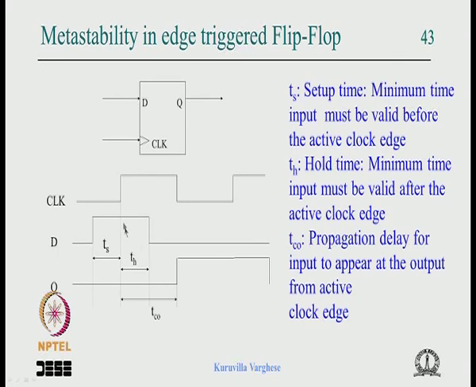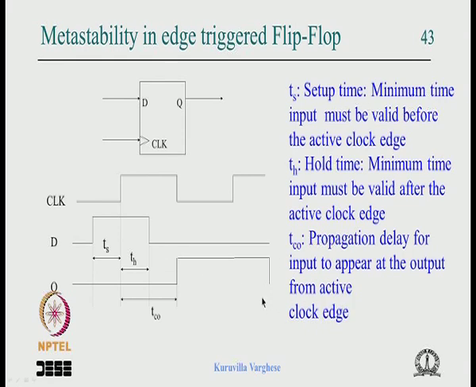When it goes to positive, the inverter delay has to be met, because only then will it be really cut off. And when the slave is enabled, the master output is latched onto the slave. So the latch delay plus any inverter delay in the clock path, if you analyze it, is the propagation delay. So that is how this comes.